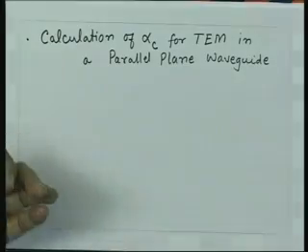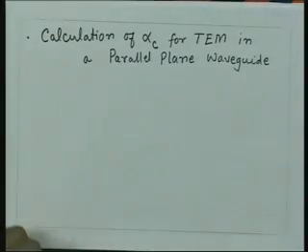Today we do this calculation for the attenuation constant, and that will give us some feeling, when we use structures like coaxial cables or the parallel wire line, of how the losses are actually calculated.